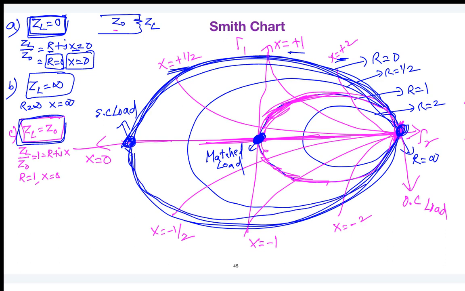And finally, one more question. Suppose I started from this point on the R equal to 0 circle. I was trying to move to this particular point and I was moving on the outer circle. So I was starting from this point, again reaching this point on the zero circle. How much distance have I covered in terms of the wavelength?